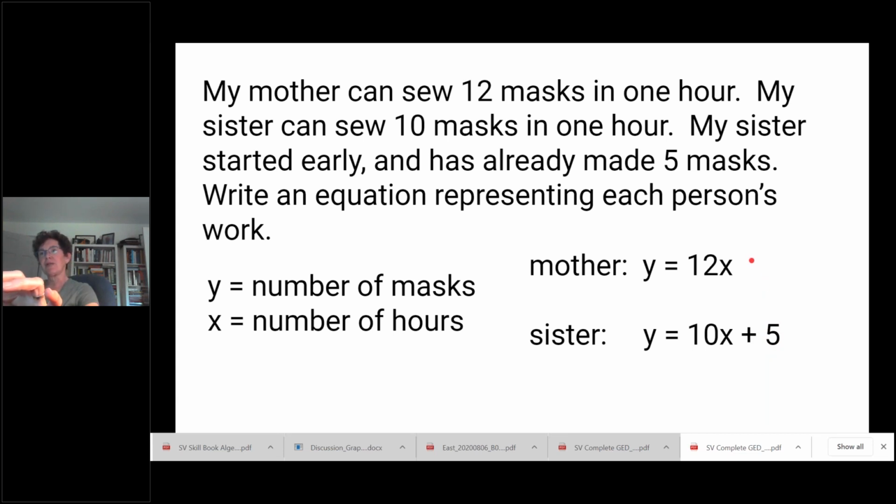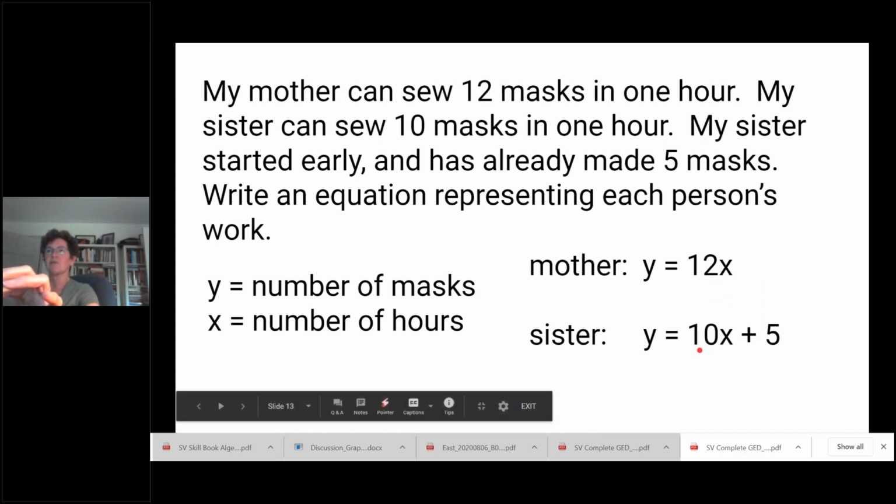My mother had a starting point of 0. She has not made any masks yet that day. And then here's her rate, or the slope, 12 masks per hour. Here's the rate, or the slope, 10 masks per hour. So y equals mx, y equals mx plus b.